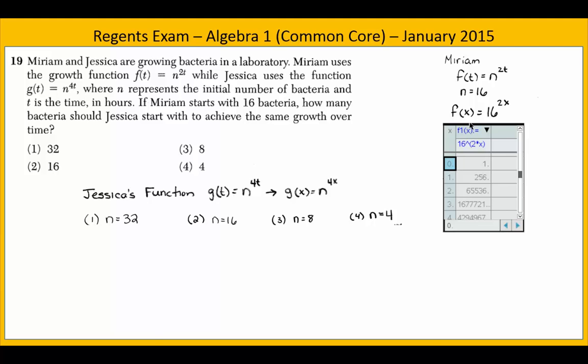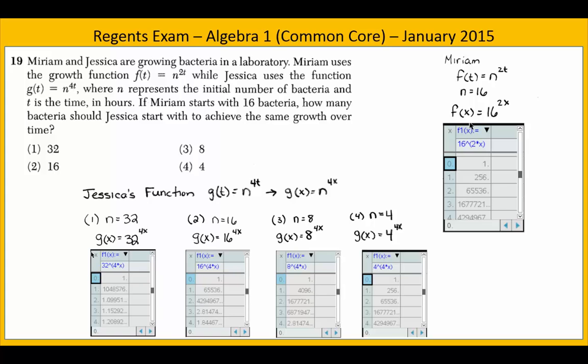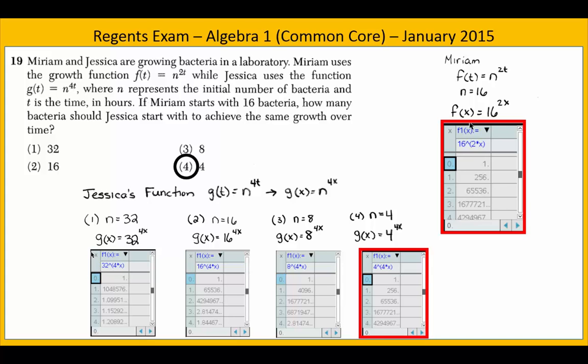We'll write a function for each of those with the proper n value substituted in: 32^(4x), 16^(4x), 8^(4x), and 4^(4x). Use your graphing calculator to create a table of values for each, which matches Miriam's table. Look carefully, and we see the one that matches Miriam's table is choice 4. Jessica should start with 4 bacteria, and so choice 4 is our answer.